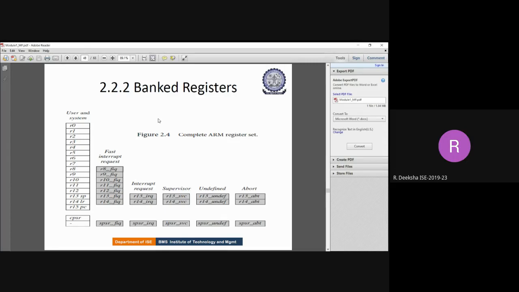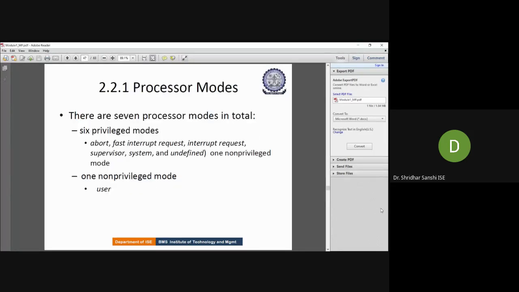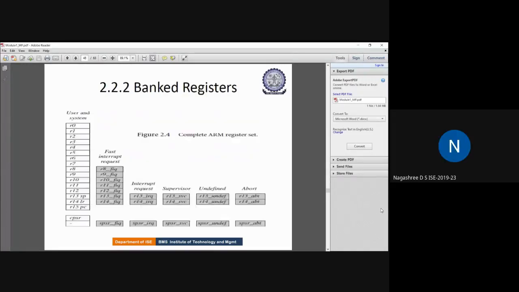User mode. Which mode is missing? System. As I told, it is just an improvement over the user mode. It is called the system mode.